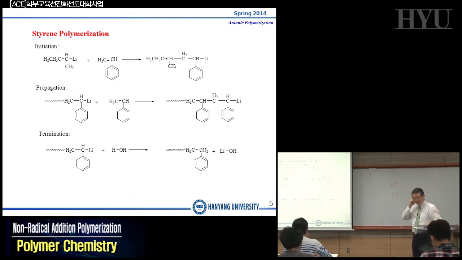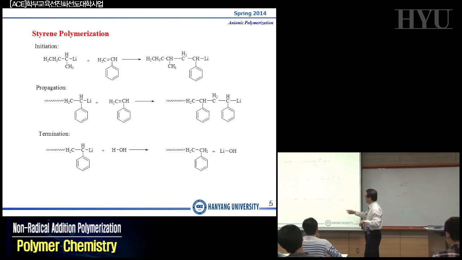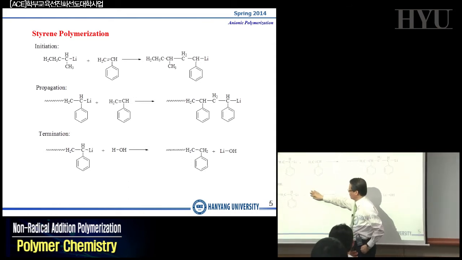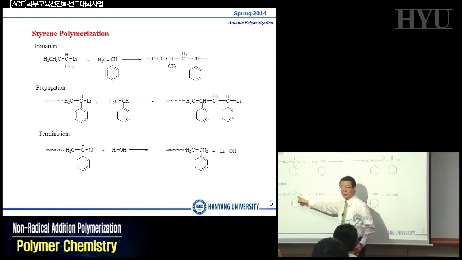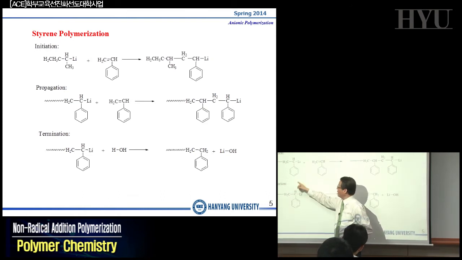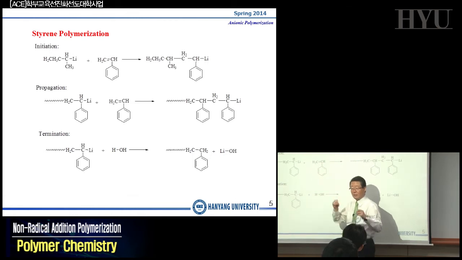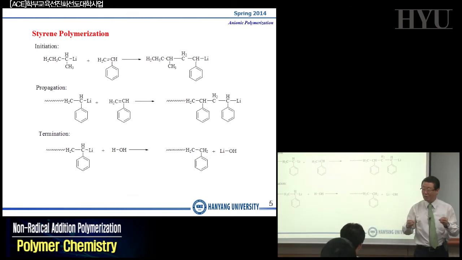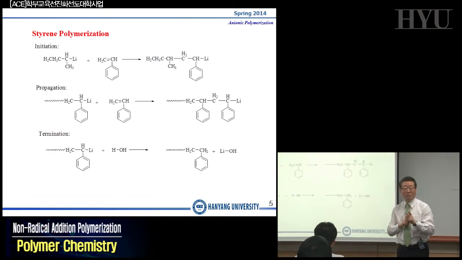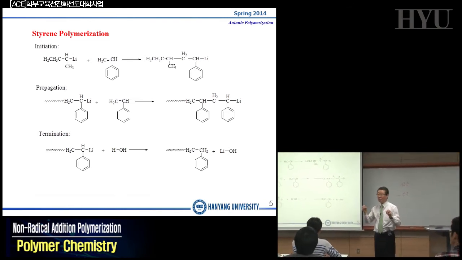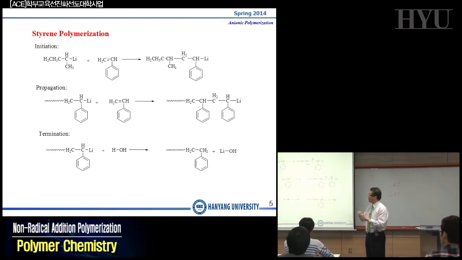So without this water, what you can see in terms of the degree of polymerization is this: if you have 1 mole of initiator and 10 moles of monomer, your degree of polymerization will be exactly about 10.